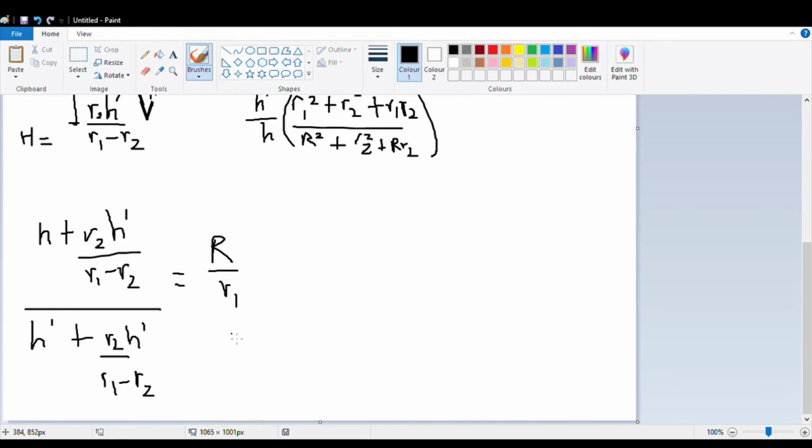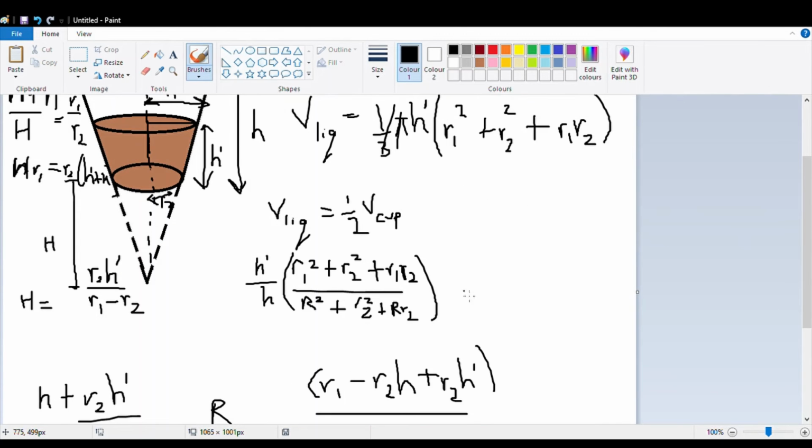This should be equal to half, by the way.